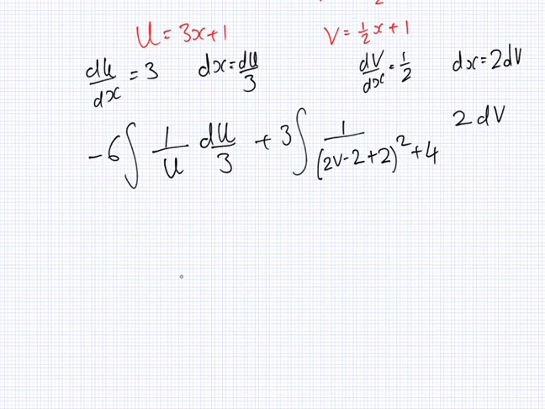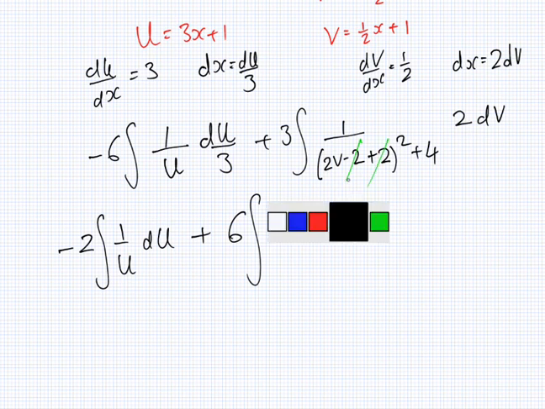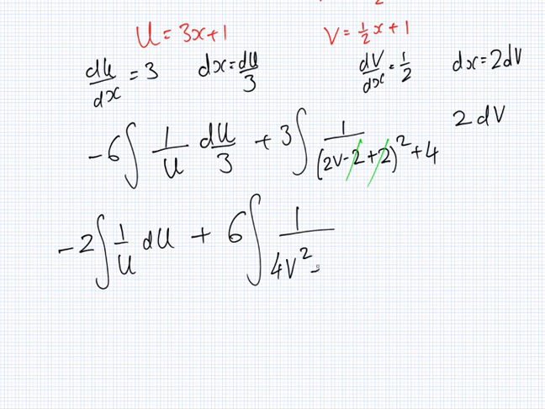This can be cleaned up. Minus 2, 1 over u du, plus 6, 1 over, and you can see that this one and this one cancel. 4v squared plus 4 dv.